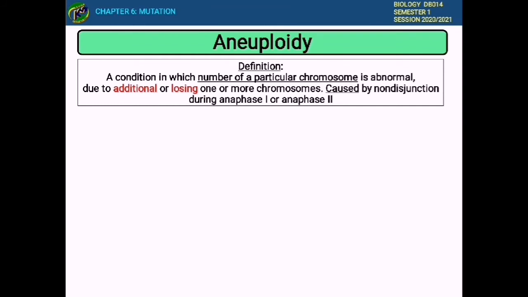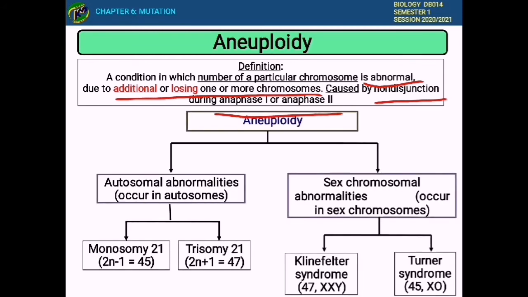The definition of aneuploidy is a condition in which the number of a particular chromosome is abnormal, due to additional or losing one or more chromosomes. This is caused by non-disjunction during anaphase 1 or anaphase 2. Aneuploidy is divided into autosomal abnormalities and sex chromosomal abnormalities, which occur in sex chromosomes.